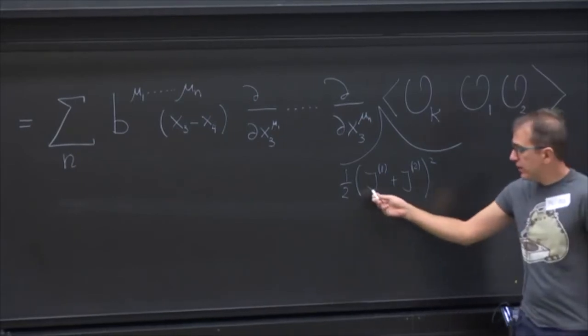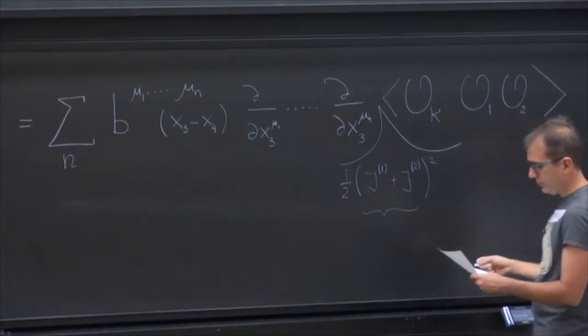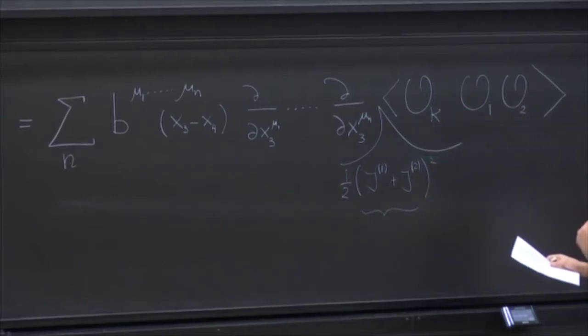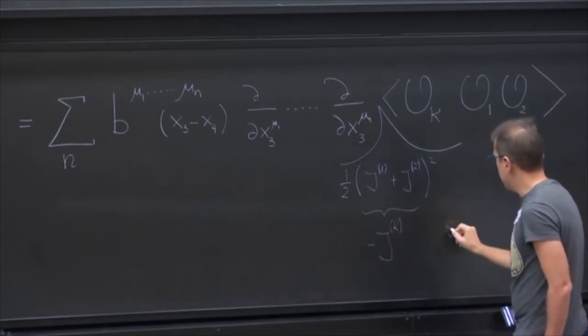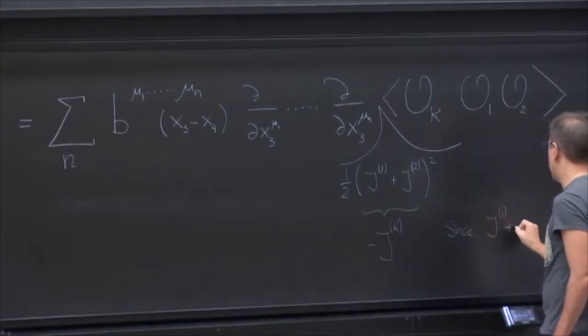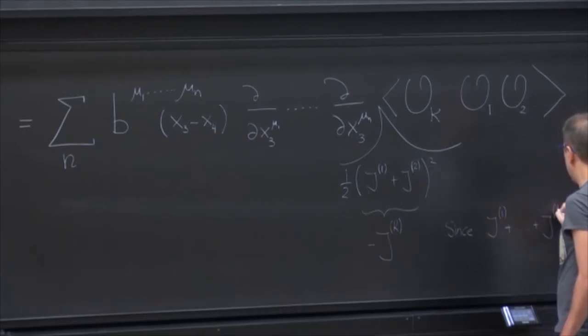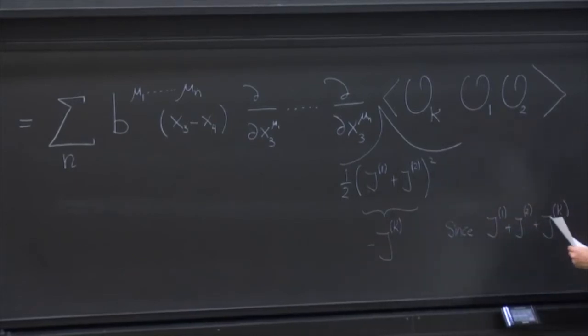Now, these generators, we can replace by minus the generator acting on point K, since J1 plus J2 plus JK kills the 3-point function, because acting with all the generators does nothing.